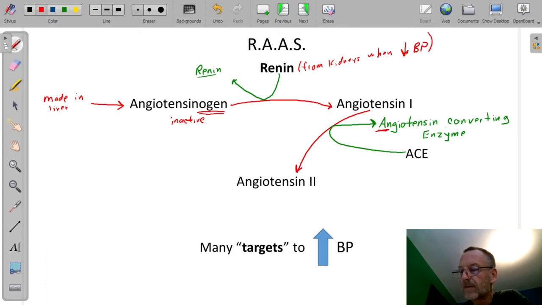It's on the endothelial walls of blood vessels. A lot of that is in the lungs, but that's not that important.